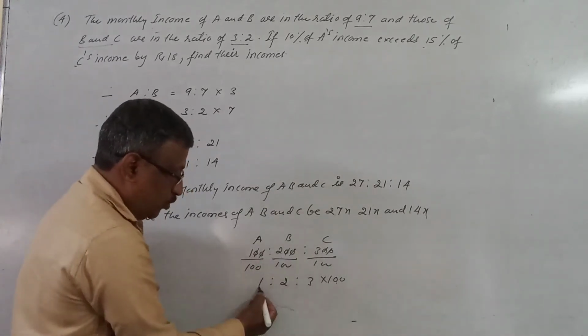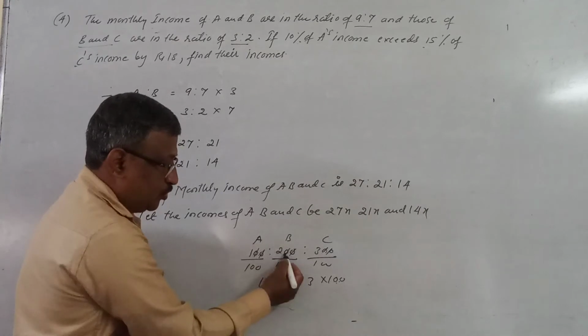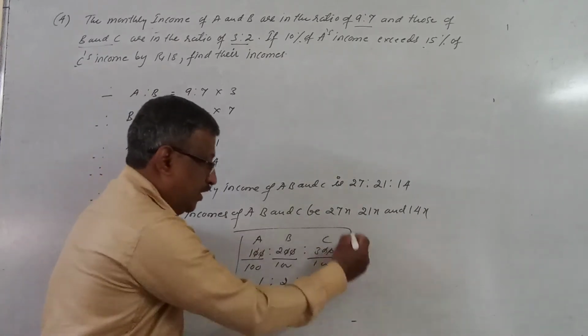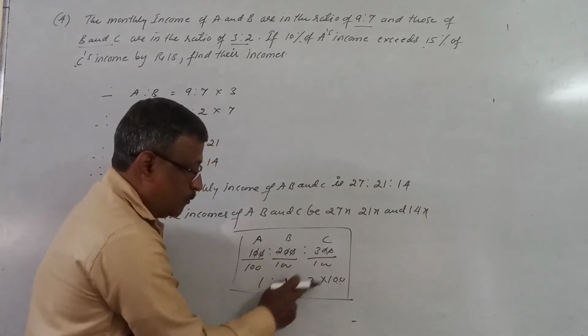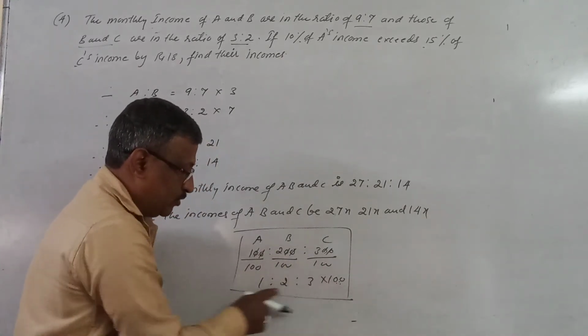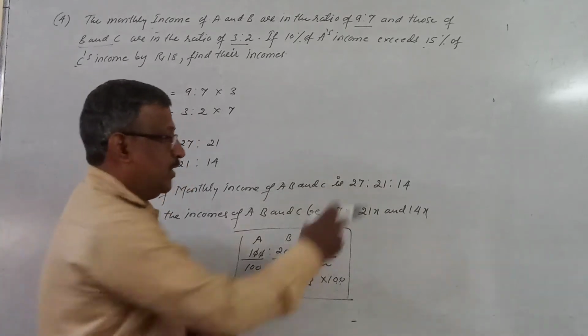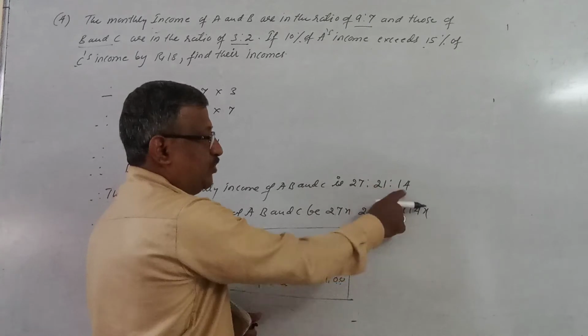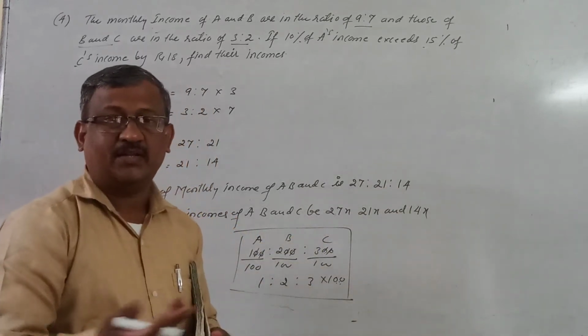So 100 into 1 is 100, 100 into 2 is 200 and 100 into 3 is 300. Here it is known that to get this ratio we divided by 100, and by the same number, if you multiply the ratio, we get their incomes. But in this problem, to get the ratio 27 is to 21 is to 14, the number we divided by is not known.